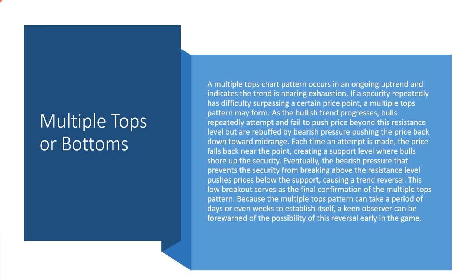So multiple top chart patterns occur in an ongoing trend and indicate the trend is nearing exhaustion. If a security repeatedly has difficulty surpassing a certain price point, a multiple top pattern may form. As the bullish trend progresses, bulls repeatedly attempt and fail to push price towards the resistance level.